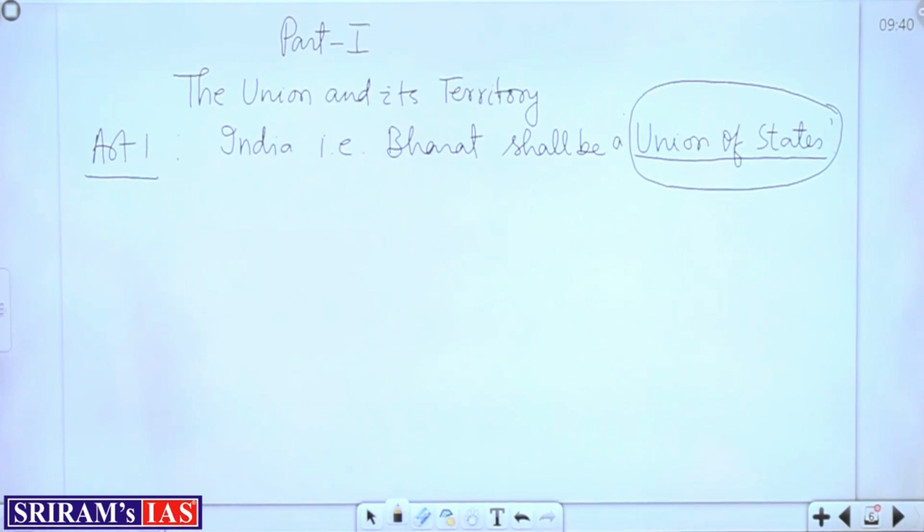The states in India have been created in accordance with the process mentioned in the Constitution, mostly because of administrative convenience. Full stop.